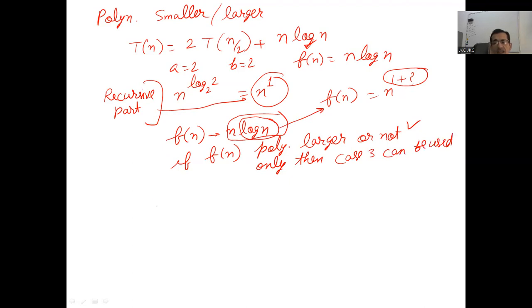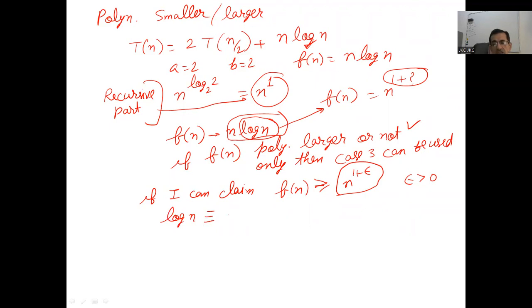So now, if I can claim that Fn is greater than or equal to some n^(1+epsilon), where epsilon is guaranteed greater than 0, then I will be able to do that. That would mean I can claim that log n is equivalent to some n^delta or n^epsilon, and this is what polynomially larger means.